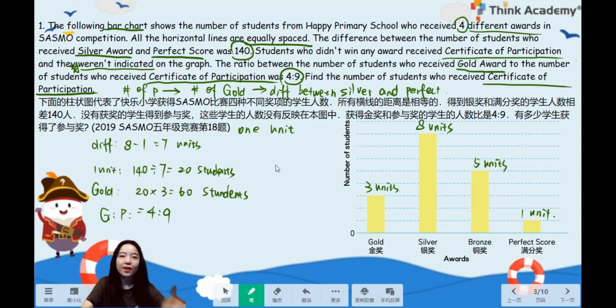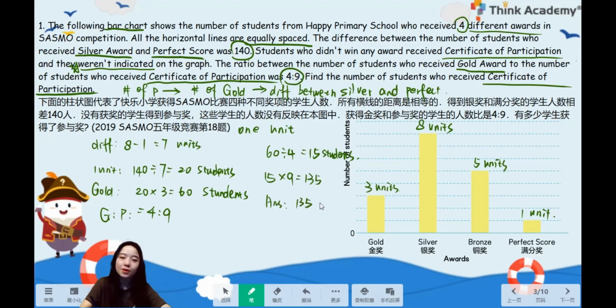So in this ratio, 1 part represents 60 divided by 4, which is 15 students. And then, because the participation certificate gainers contain 9 parts, there are 15 times 9, which is 135 students who gained the certificate of participation.